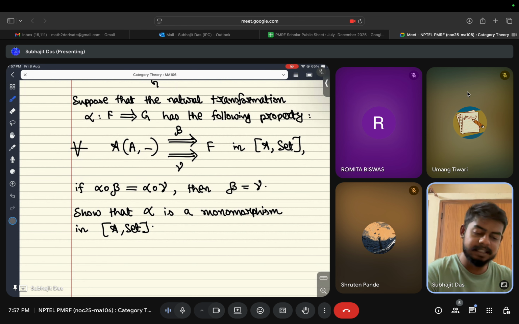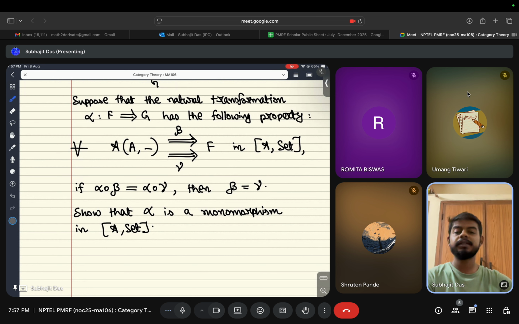And this property tells you that alpha can be cancelled from the left, but only for certain natural transformations, namely natural transformations which come out of a co-representable, right? So this is a very restricted notion, right?